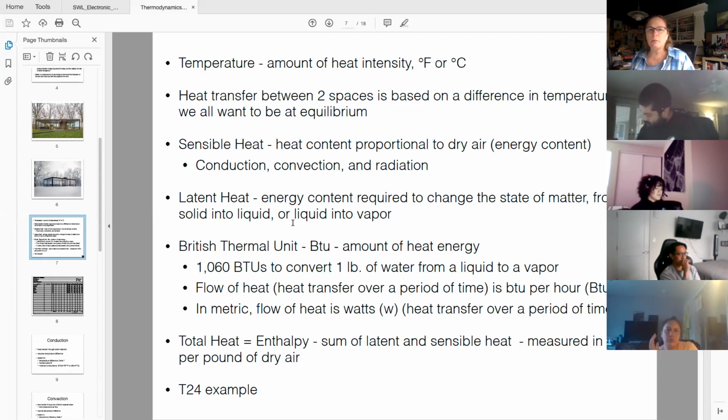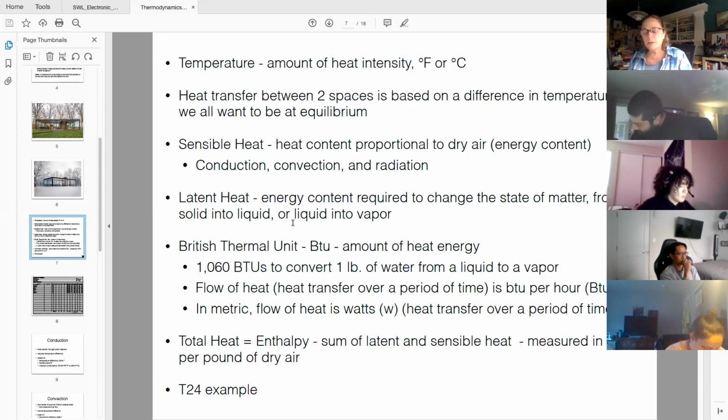Sensible heat is really easy for most people to understand. Latent heat is a little harder. It's what's needed for a phase change, and where that most directly affects us is with air conditioning. An air conditioner is always removing moisture from the air. It's almost like a dehumidifier.